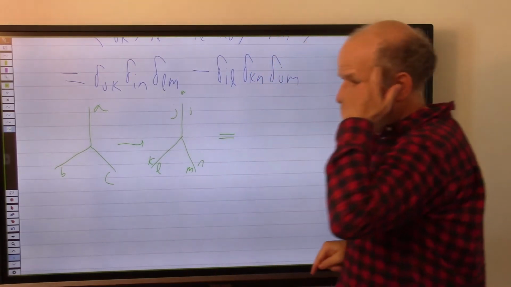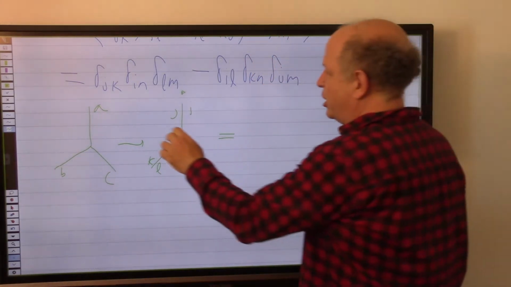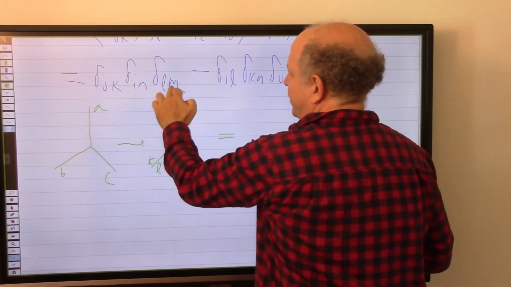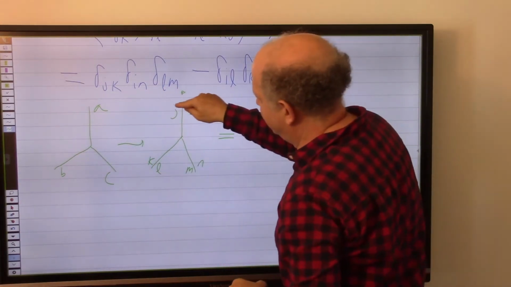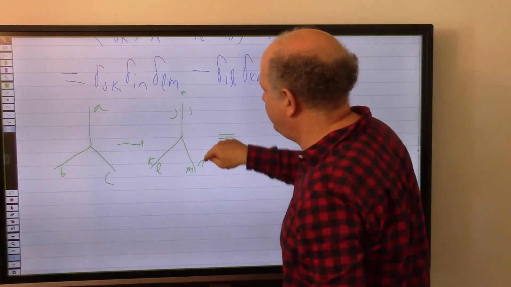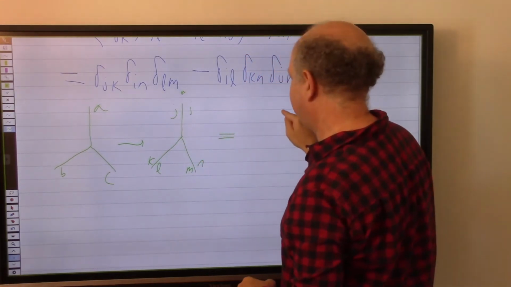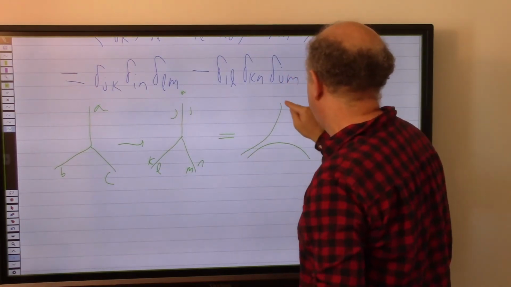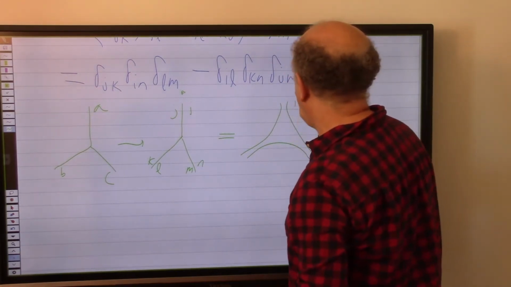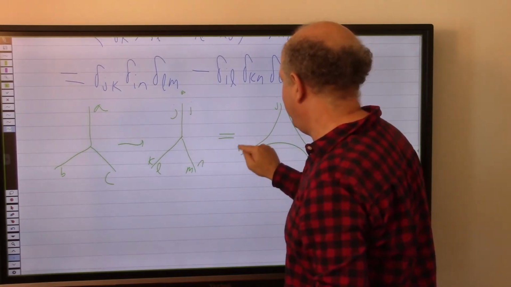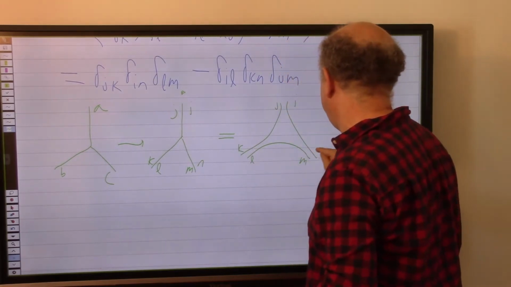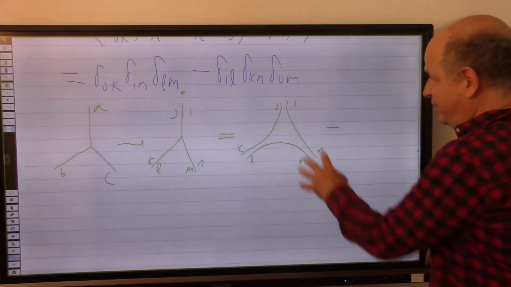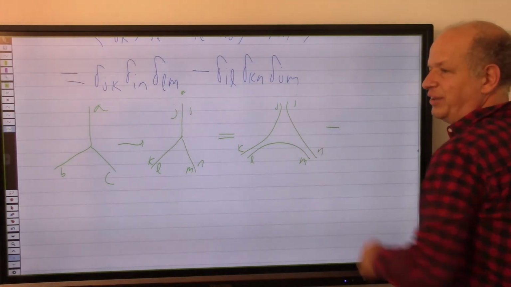And if I use the new type of edges, I have delta JK, delta IM, delta LM. So basically J with K, L with M, N with I. And that amounts to the picture I, J, K, L, M, N. Minus, and again, this picture is just a mnemonic for the deltas.